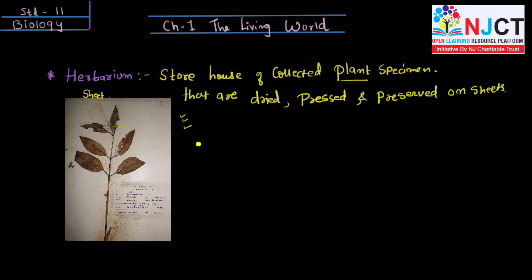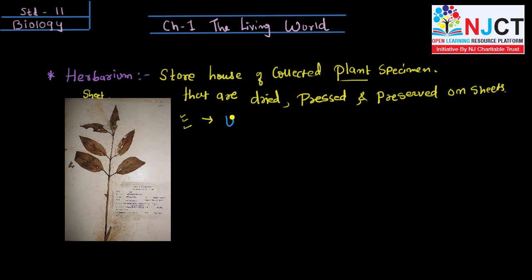Clear? Okay. Now, how have they arranged these sheets? For example, if I am going to arrange, I'll be like, oh, I'll put rose first, then I'll put, let's just say, orchids. Okay, I can't do that. That is not in my hand. How am I going to arrange these sheets? It depends on the universally accepted system.